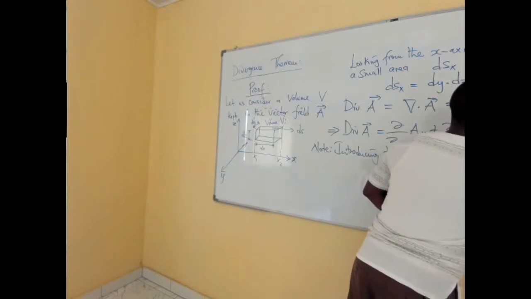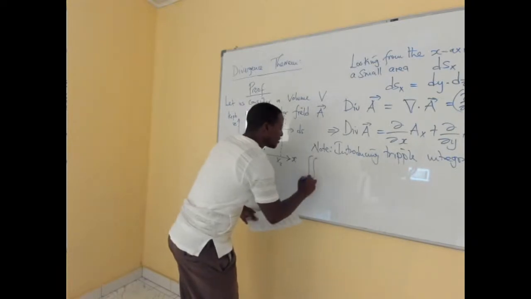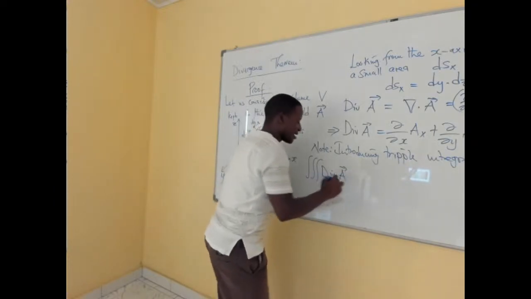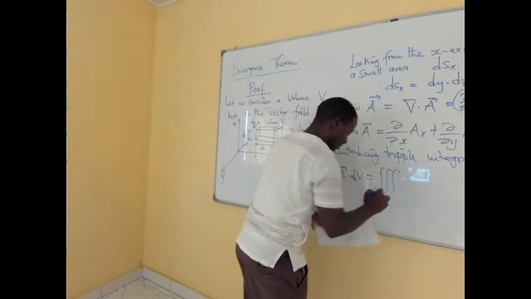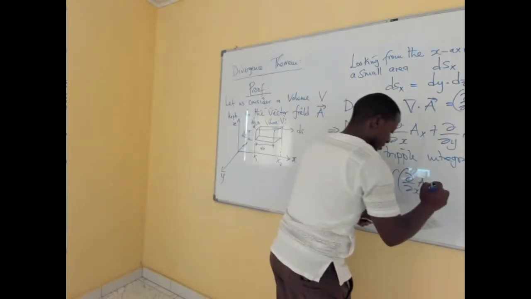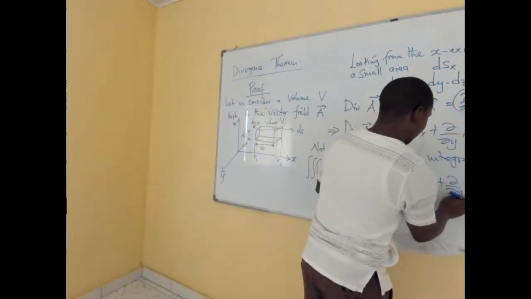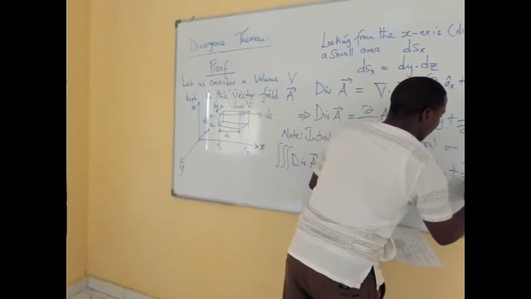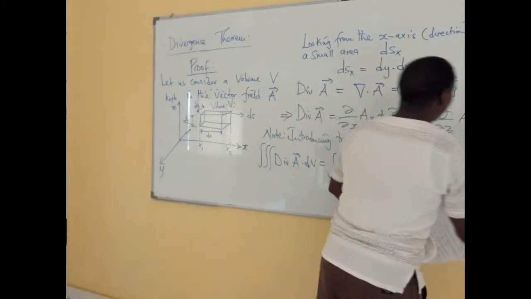We get the following: the triple integral of the divergence of A dv must be equal to the triple integral of partial x of Ax plus partial over partial y of Ay plus partial over partial z of Az, right? This gives us dv.